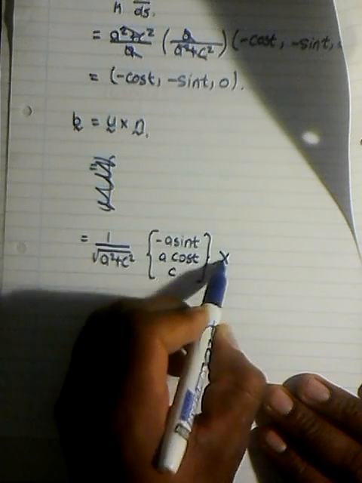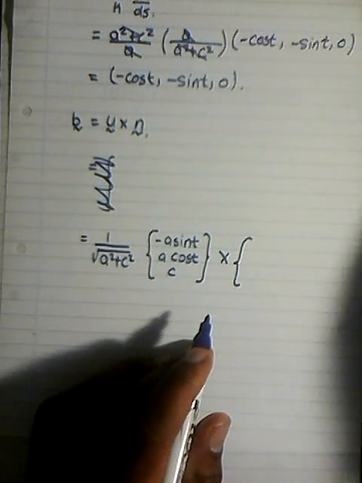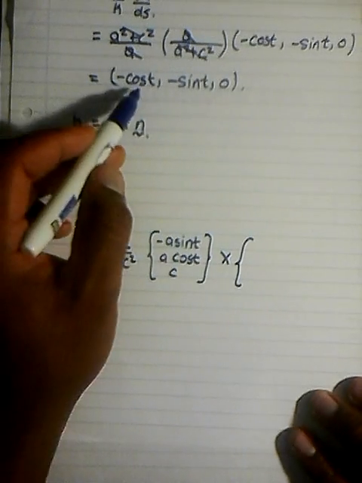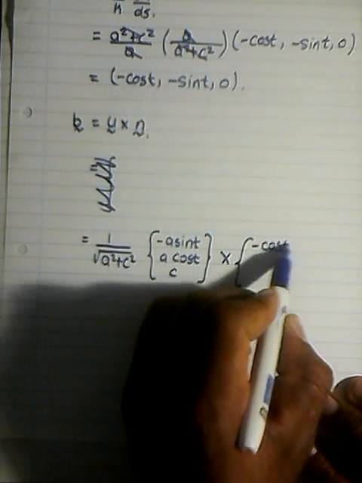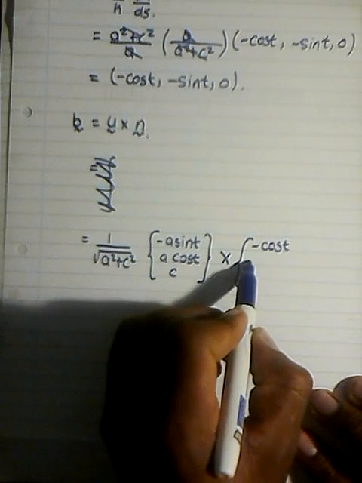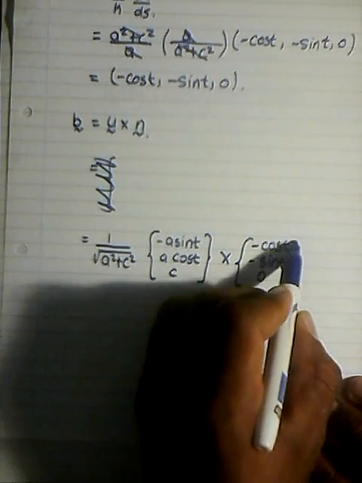Okay, and we cross that with n that we just determined, and we said n was minus cos t, minus sin t, and 0.